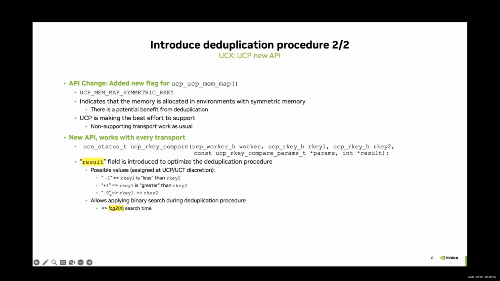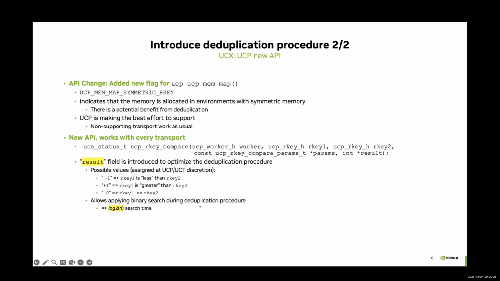What that gives us during the deduplication procedure, when, as I mentioned, we need to compare each key to all the previously added keys, is that we can use that value to implement a binary search, and that allows us to reduce the search time during deduplication for each element to log2 n.